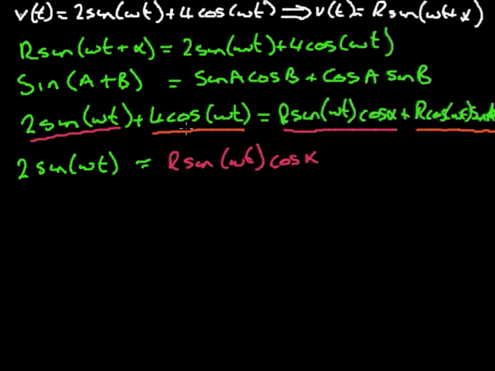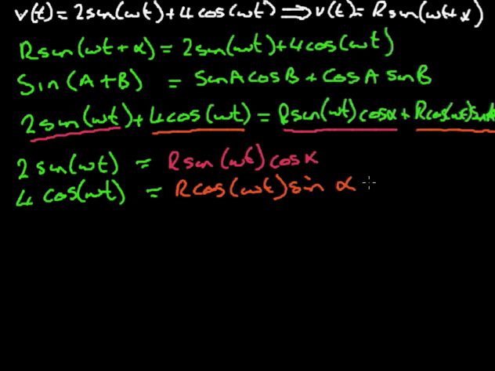Coming back to this one, I've got 4 cos omega t equals r cos omega t sine alpha. That's what the bit in the end says.